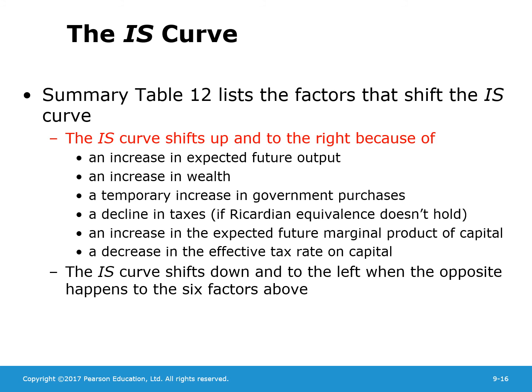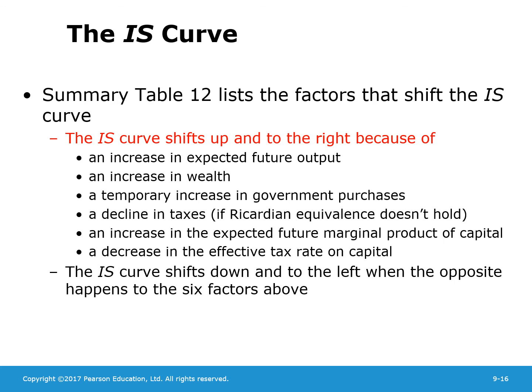The other factors include an increase in wealth, because this also reduces desired saving, because it increases desired consumption; a temporary increase in government purchases, and this is the figure we saw in the slides; and a decline in taxes, but given that Ricardian equivalence does not hold. This is again chapter 4. If Ricardian equivalence holds, there will be no change.